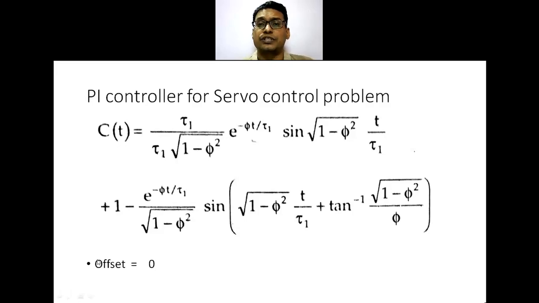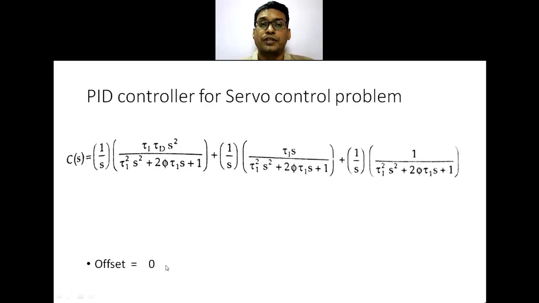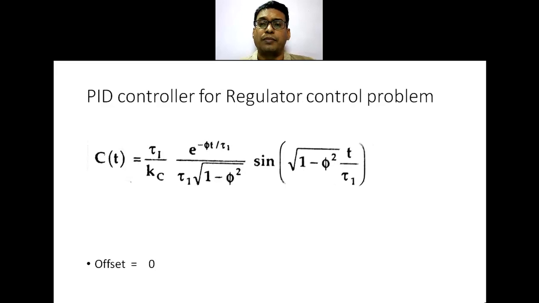Similarly, in case of a regulator problem, the sine term is also there, as well as the offset that is 0. Then finally the PID controller, the offset is 0 for servo as well as for regulator problem.